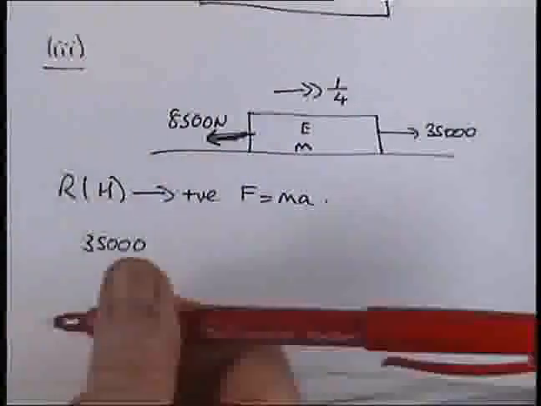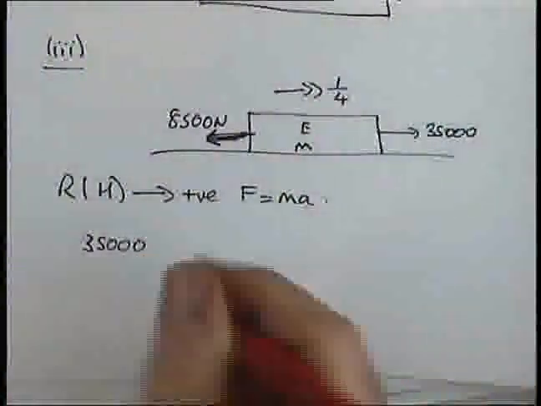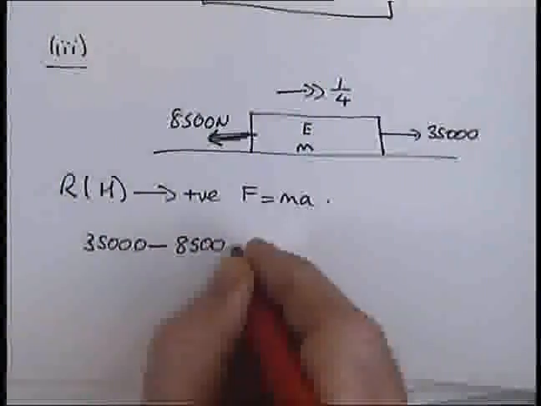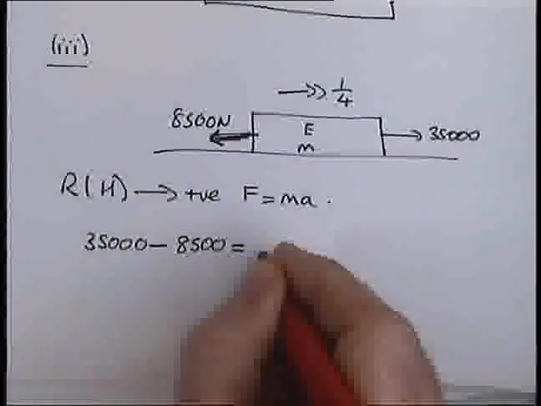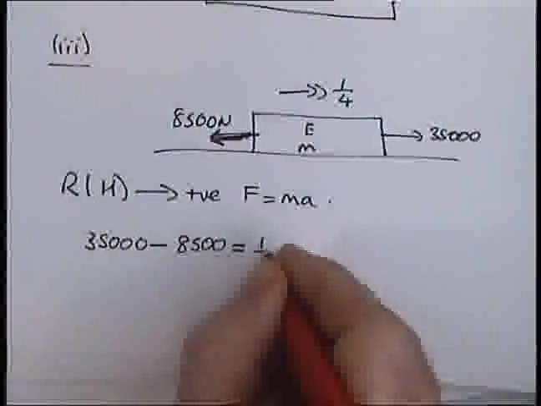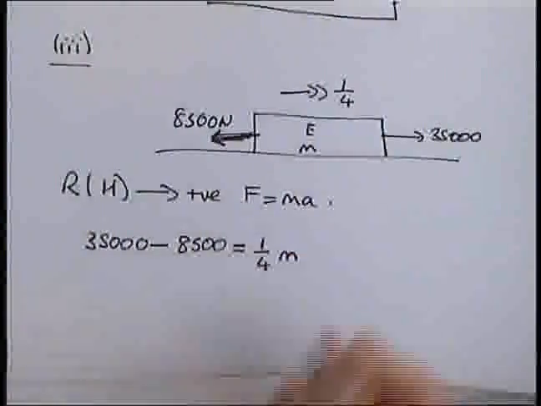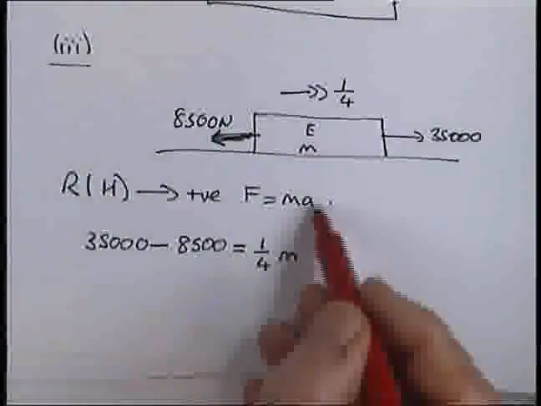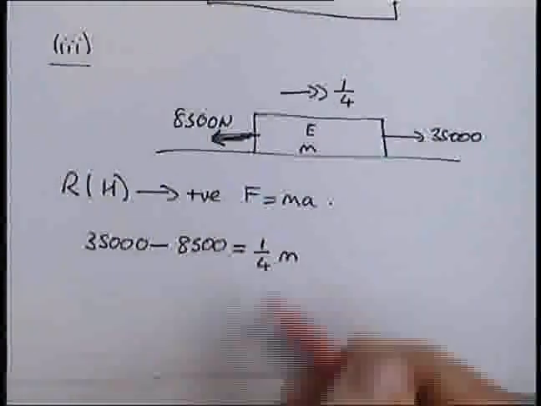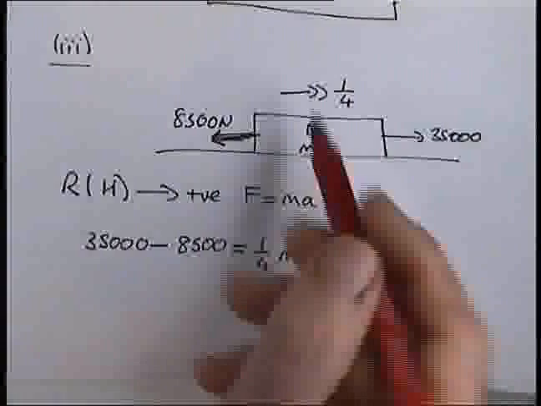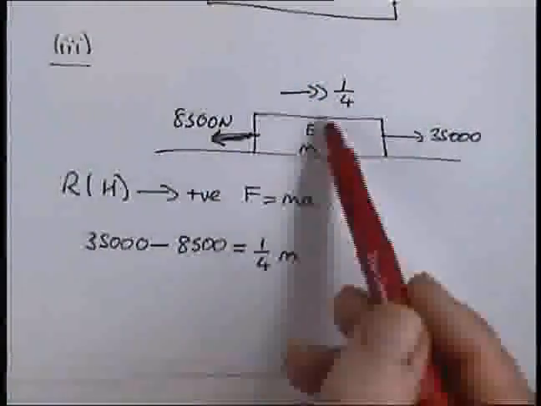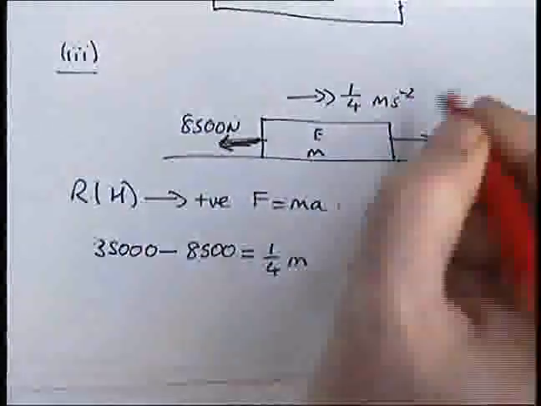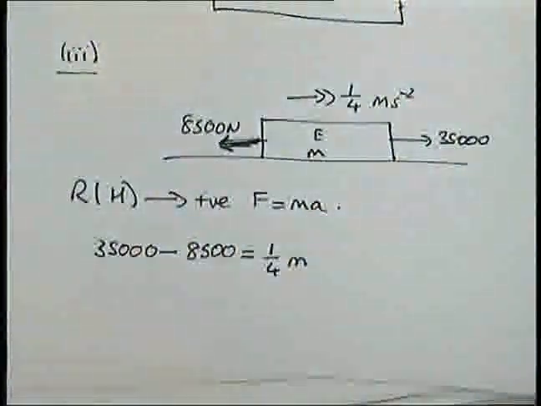Any force acting in this direction is negative, so we're taking away 8,500. And that's going to equal a quarter of m, because the acceleration is a quarter, and we don't know the mass of the engine, so we're going to call it m. Now remember that the whole train was accelerating at a quarter of a meter per second squared, so the engine is also accelerating at that rate.